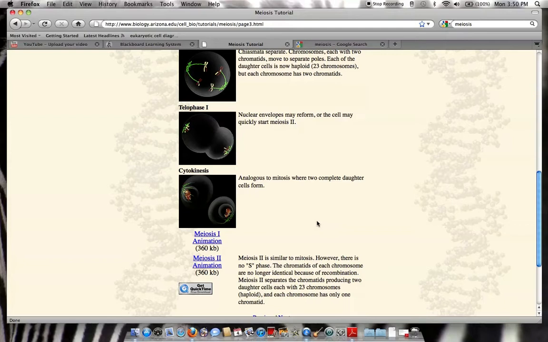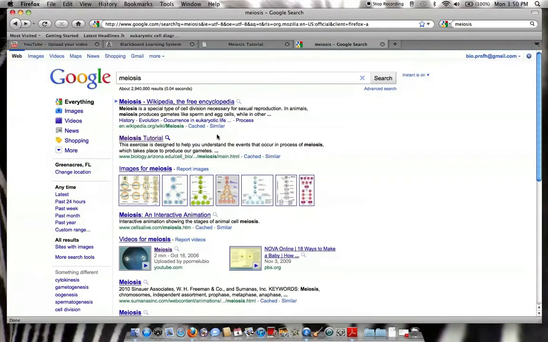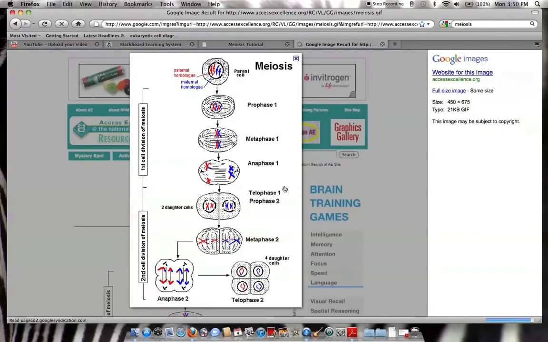Okay, so you start with one cell, it divides once, then you end up with 2, then those divide again, then you have 4. So let's take a look here at one of these diagrams, kind of give you an example here. We'll just look at this one.